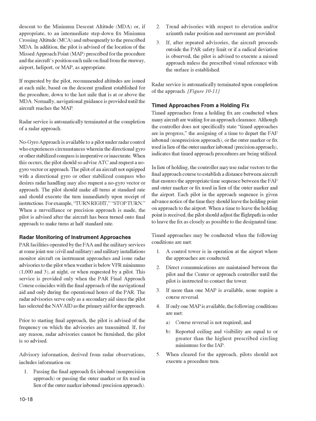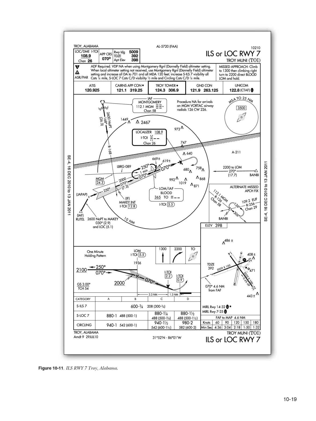If only one MAP is available, the following conditions are met: A. Course reversal is not required, and B. Reported ceiling and visibility are equal to or greater than the highest prescribed circling minimums for the IAP. 5. When cleared for the approach, pilots should not execute a procedure turn. Figure 10-11, ILS RWY 7, Troy, Alabama.